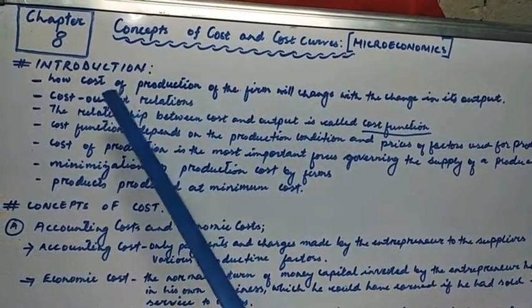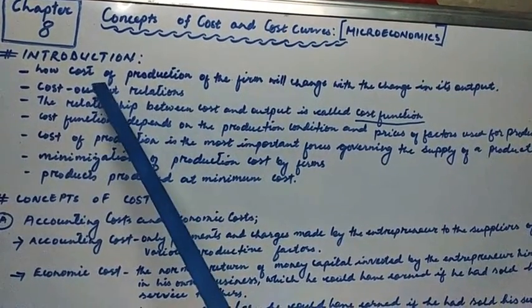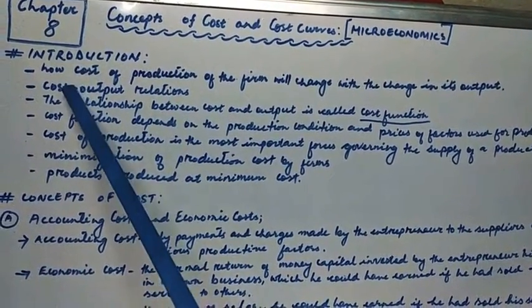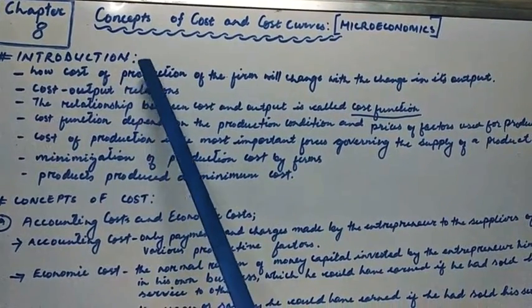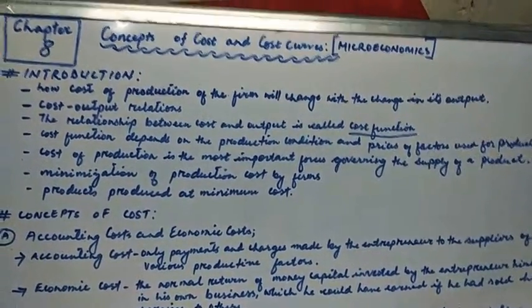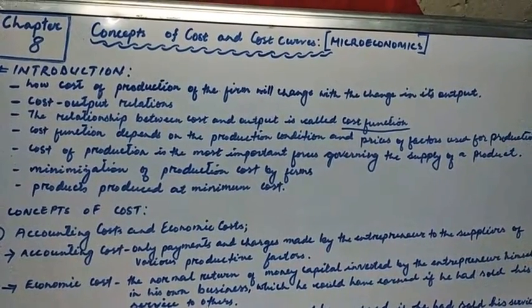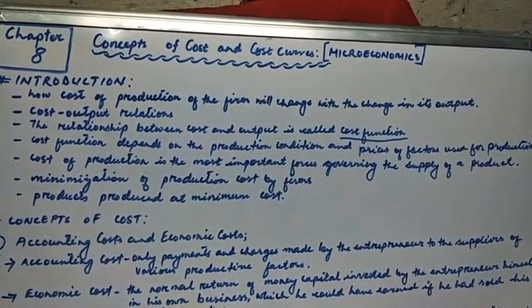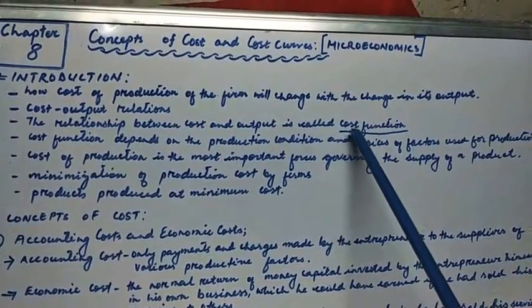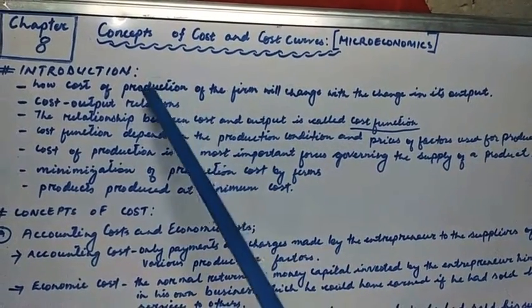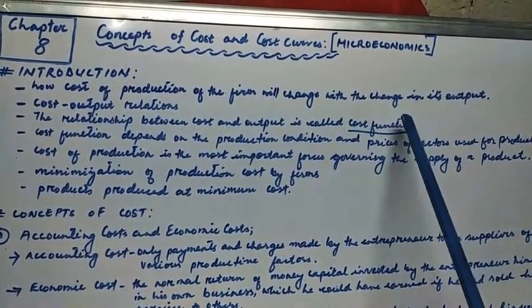And then we shall also see the cost-output relation. Here we are discussing nothing but the production cost. How will this production cost change the output of a commodity? There is one term that we need to discuss when it comes to cost-output relations: the cost function.